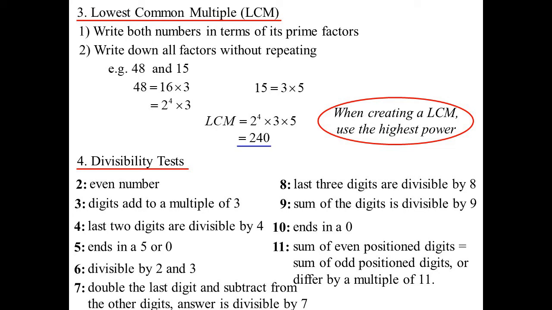We have 49,984. So the sum of the even position digits. By that they mean that's in the second position, that's in the fourth. So 9 and 8 is 17. 4, 9 and 4 add up to be 17. Therefore, the number is divisible by 11.